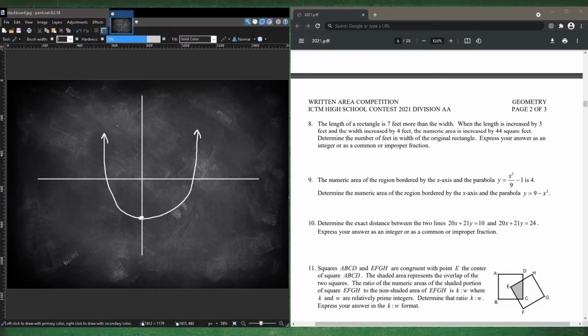And I know that the area between this parabola and this x-axis is 4. Now I claim that this parabola is just 9 times bigger than this parabola. And to see that, all you have to do is rearrange these terms.